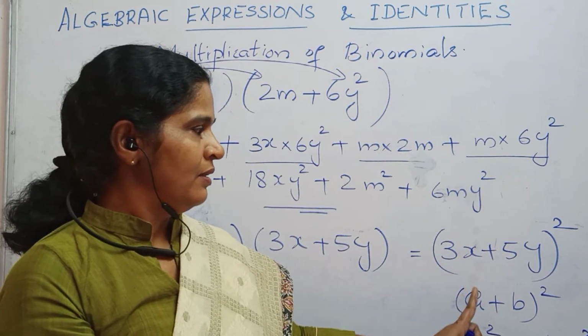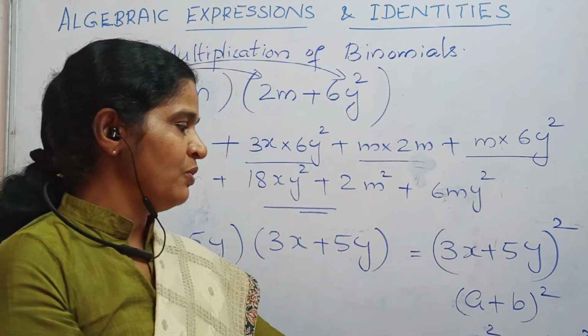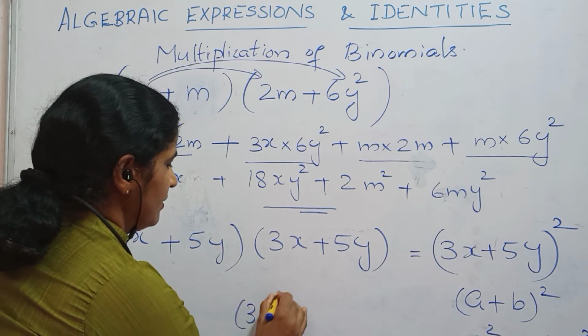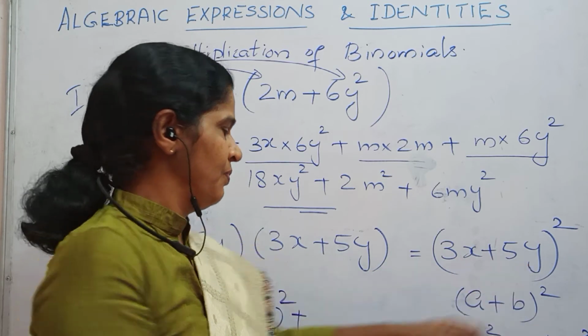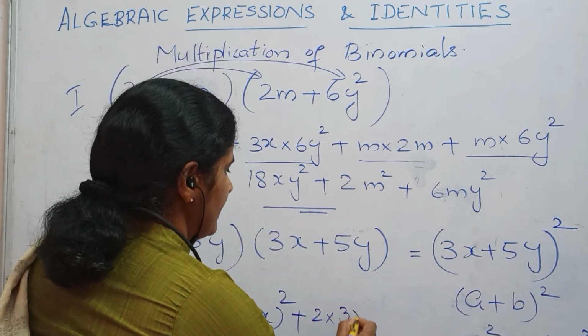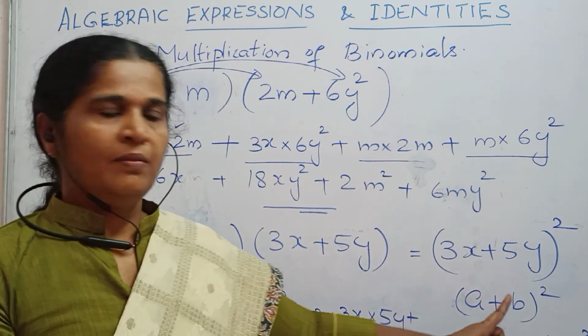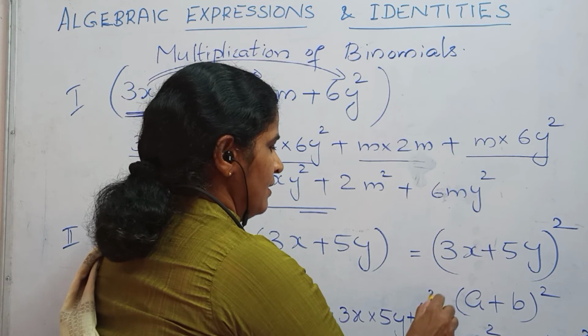So if two factors are there, always try to write it inside a bracket. a² plus 2ab, 2 into 3x into 5y, plus b², 5y squared.